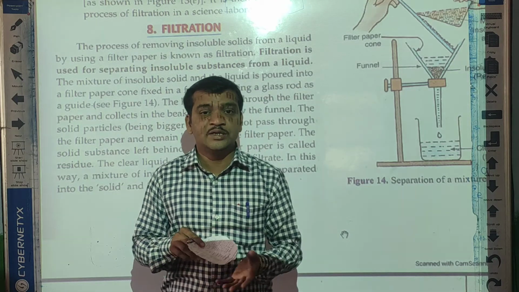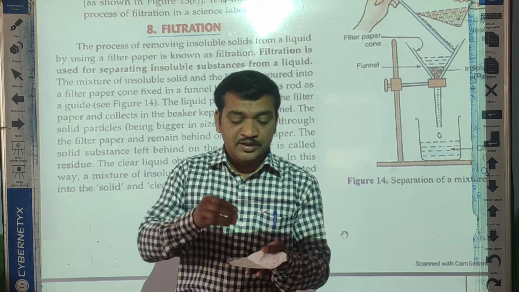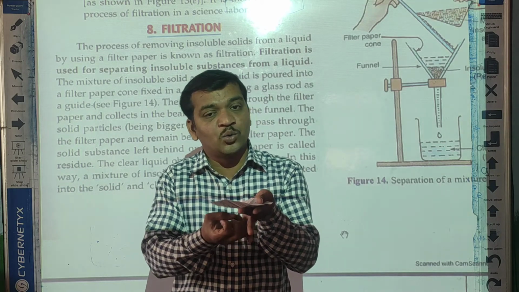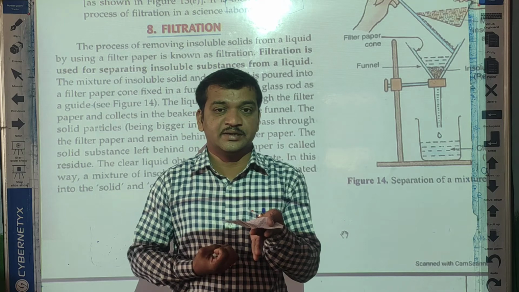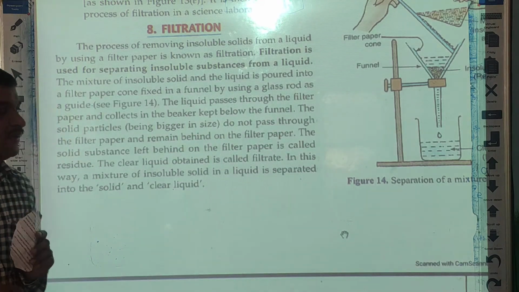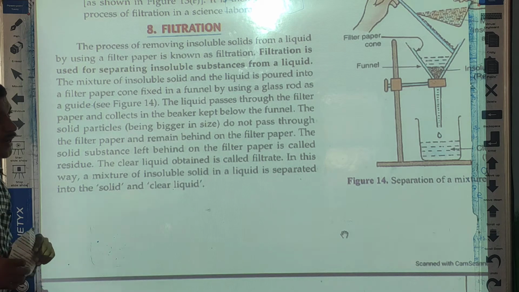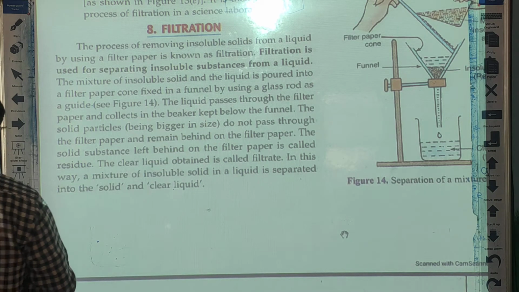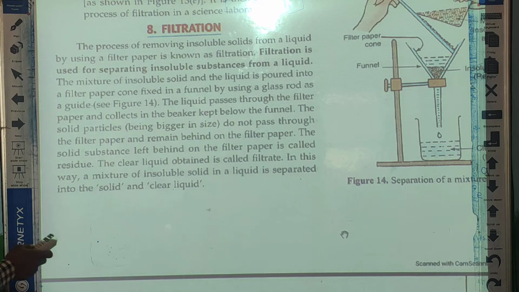So the insoluble solid things remain on the filter paper, and the filter paper allows only the liquid to pass. This process is called filtration. I will explain this process with the help of one figure which is already given in the textbook. You can use that figure also.